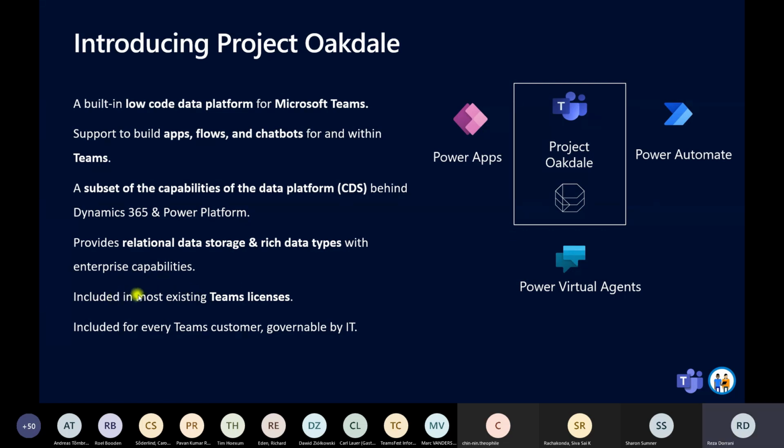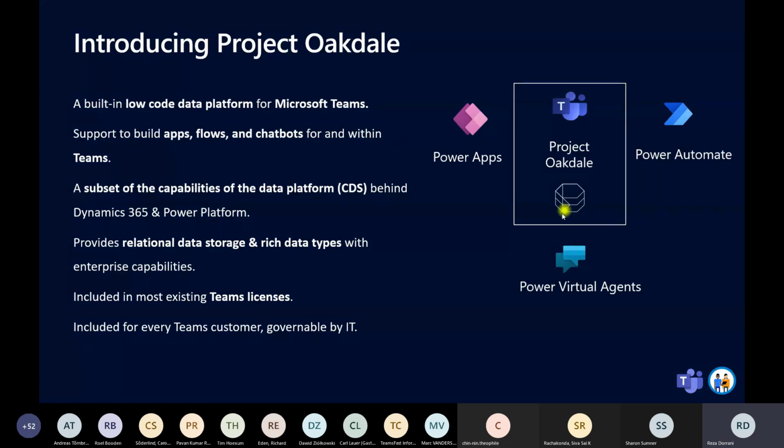Now the biggest slide. All of this is included in your existing Office licenses. So if you own a standard Office license, typically for you to use CDS, the data platform, you need to pay a premium license for that. Out here in Project Oakdale, you do not need any premium license.